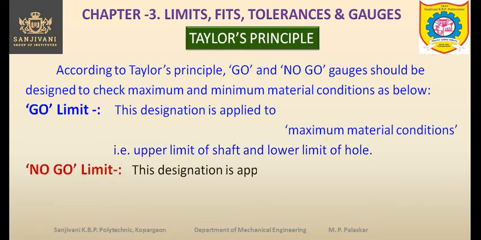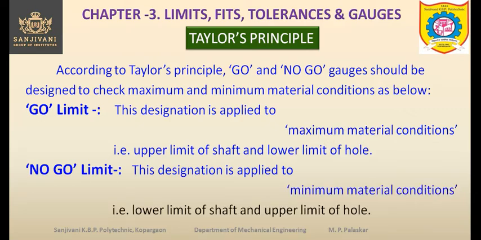Now the no go limit designation is applied to minimum material condition. Minimum material condition refers to the lower limit of shaft and upper limit of hole.